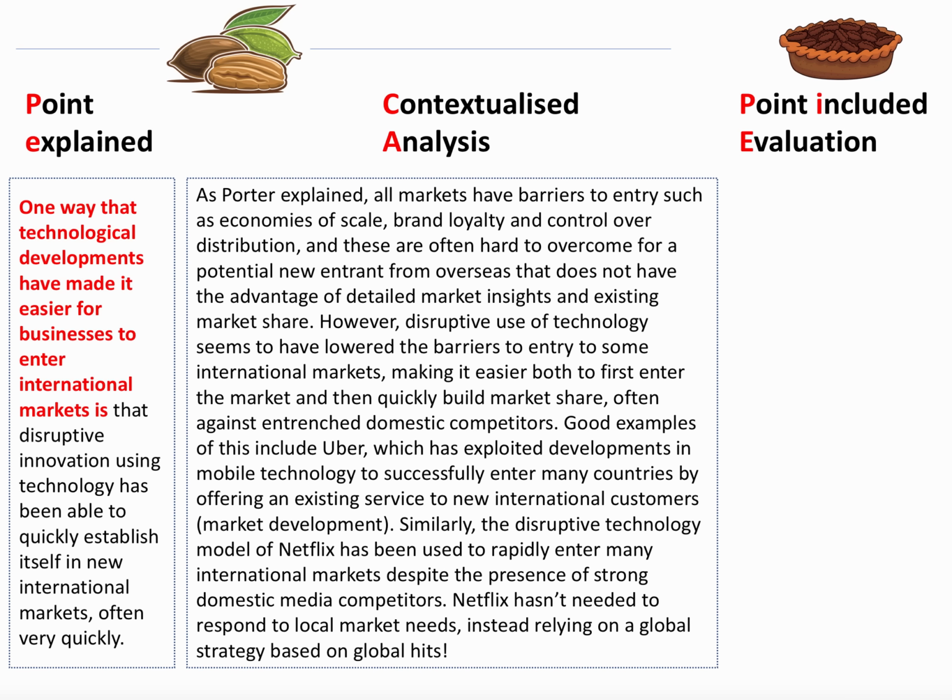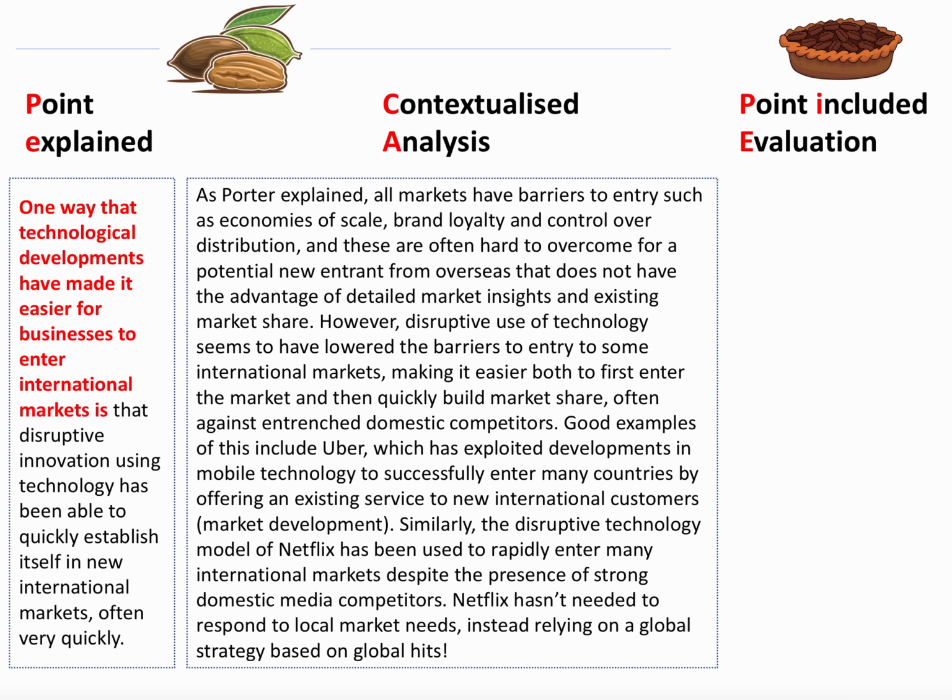Good examples of this include Uber, which has exploited developments in mobile technology, so I'm using the words of the question again, exploited developments in mobile technology to successfully enter many countries by offering an existing service to new international customers. That's a hat tip to good old Ansoff and market development.